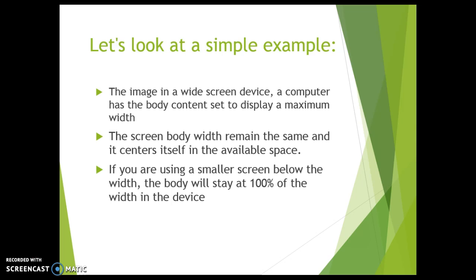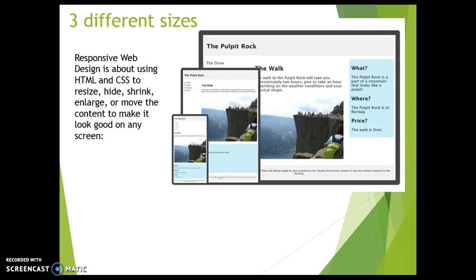If you're using a smaller screen below that width, the body will stay at 100% of the width of the device. Responsive web design is about using HTML and CSS to resize, hide, shrink, enlarge, or move the content to make it look good on any screen.